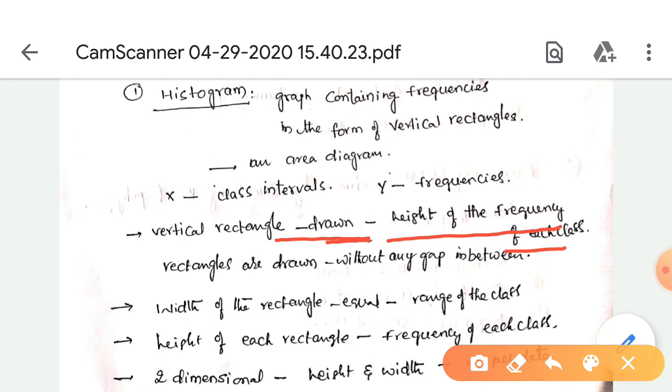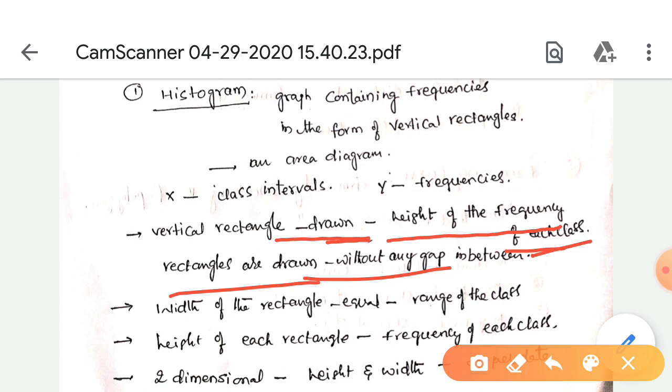The rectangles are drawn without any gap in between, so there is no gap between two rectangles.